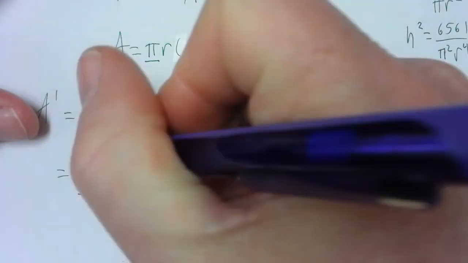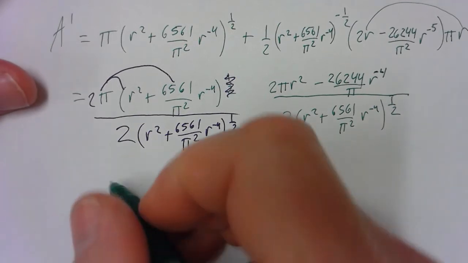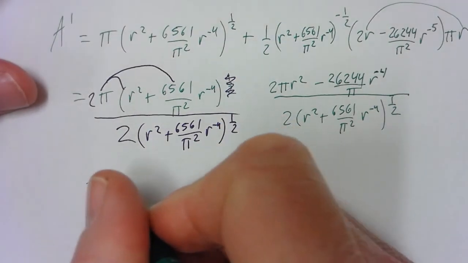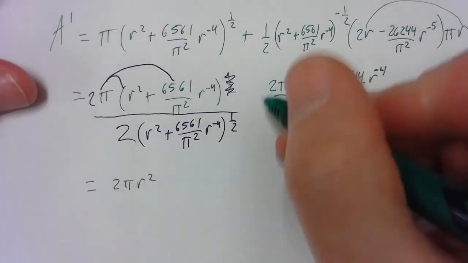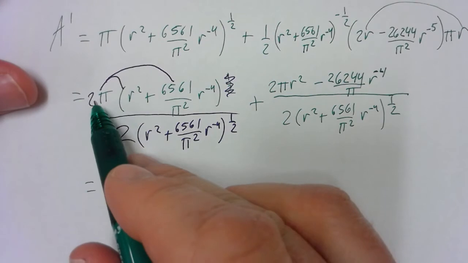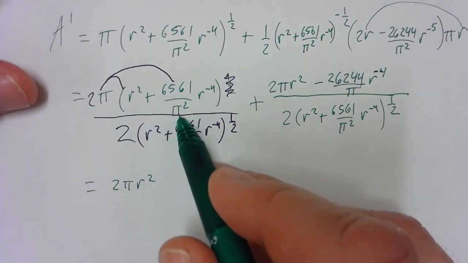Now I can distribute this through the parentheses. So I get 2 pi r squared, and then there's a plus sign there, and then this times this, so I need to multiply this thing by 2, and then the pi's will cancel.